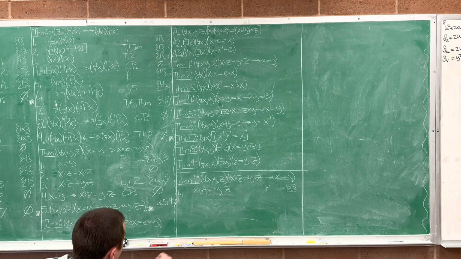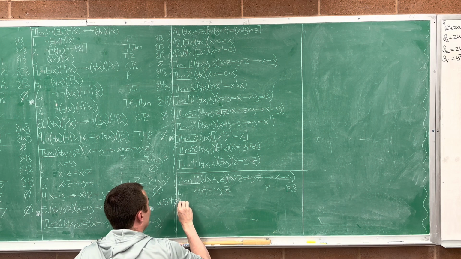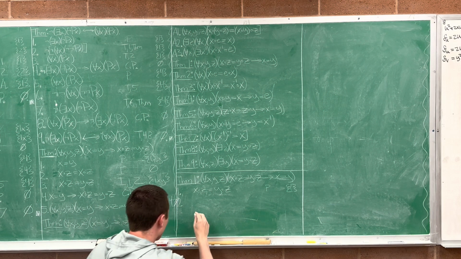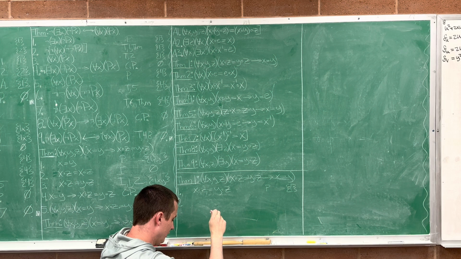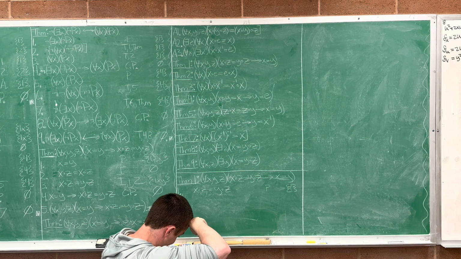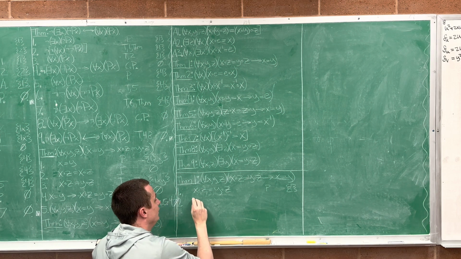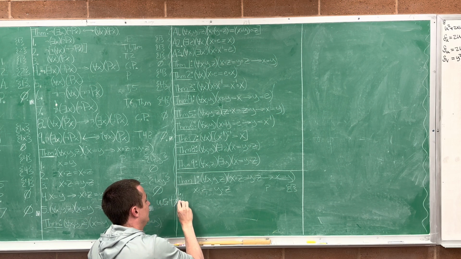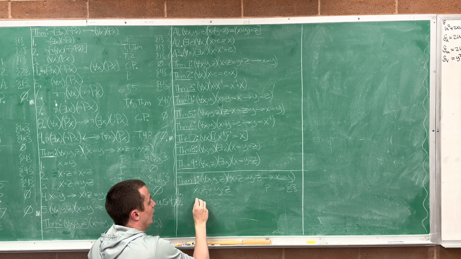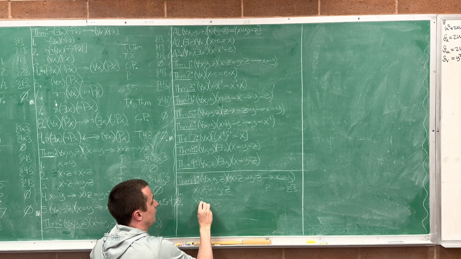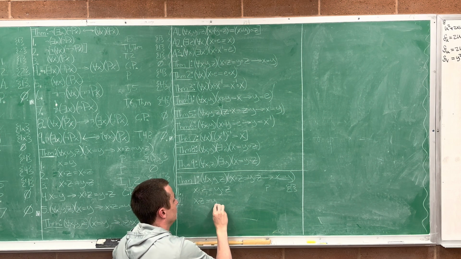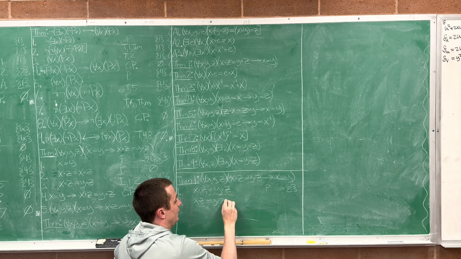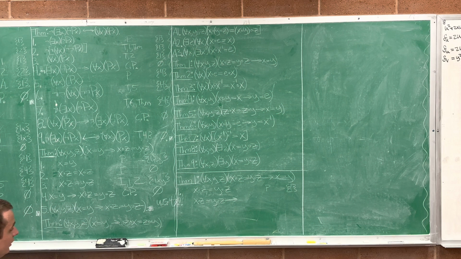Now our second step here is using a theorem of logic. If x compose z is equal to y compose z, that implies, so here's what I'm going to use.